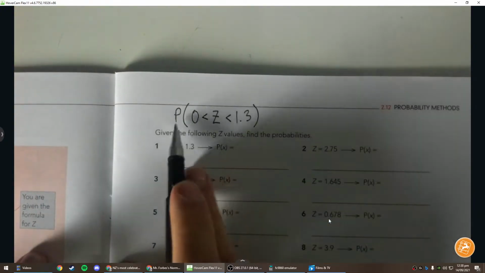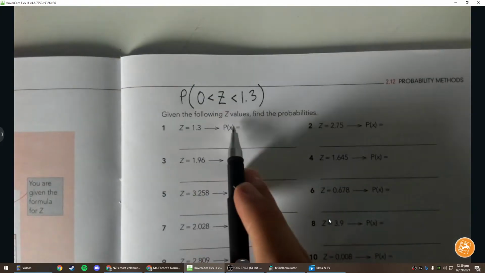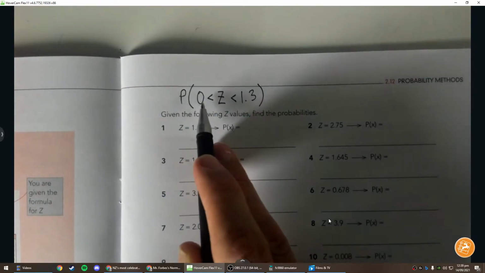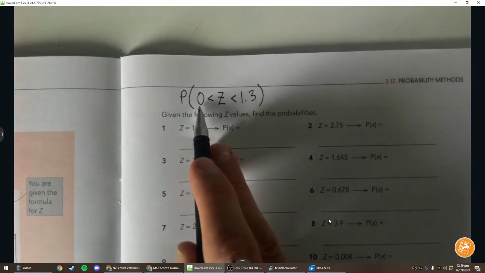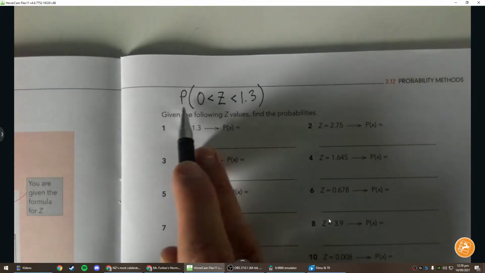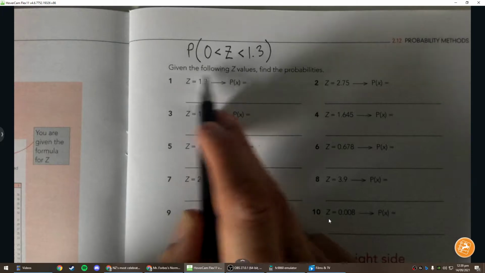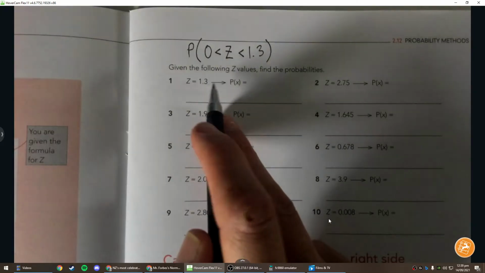Given that the z value is 1.3, what is the probability that the random variable takes a value between 0 and 1.3? This is the proper way of writing it out, but just so that we can do the bookwork, we'll just pretend that they make sense.